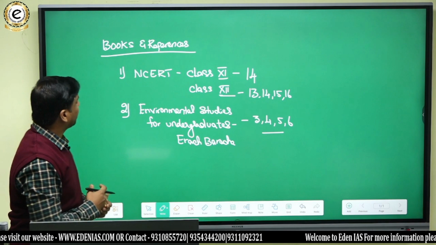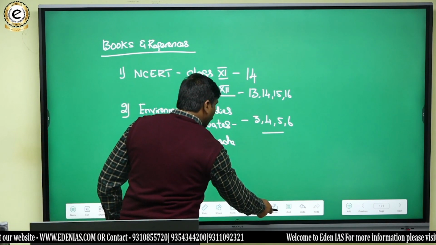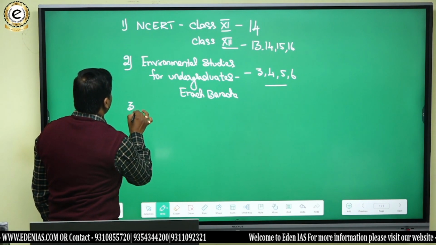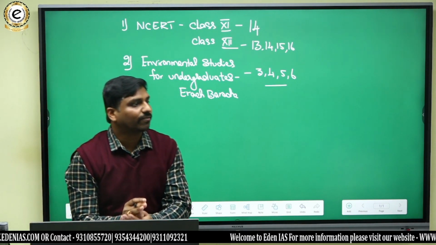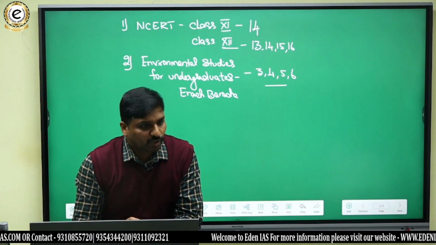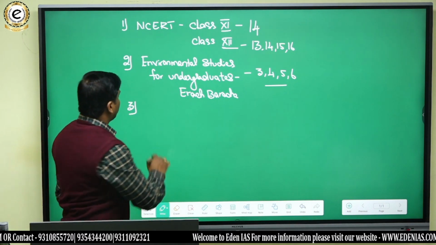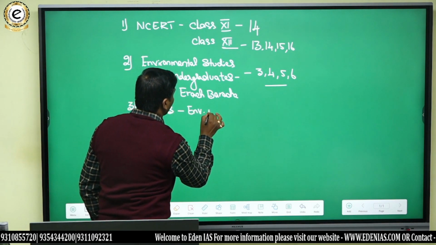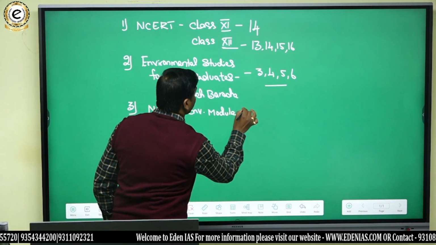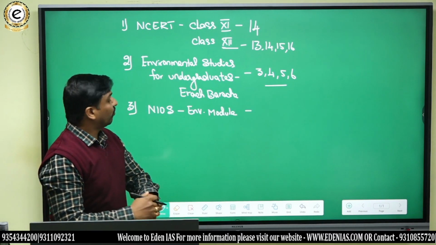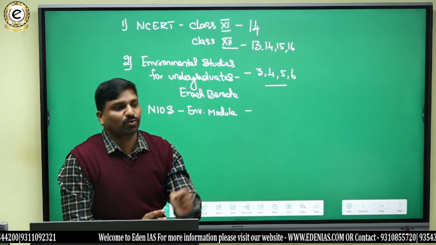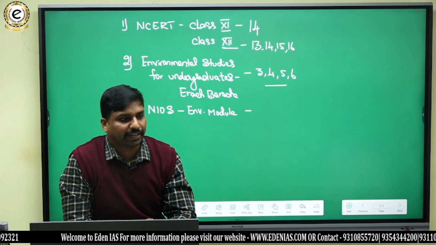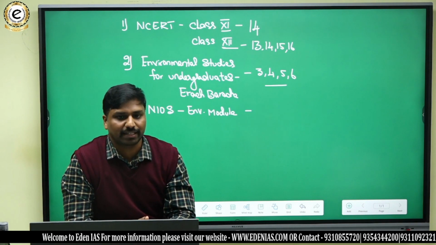And then apart from that, we can also go to another important source from the internet. Have you heard of the National Institute of Open Schooling, NIOS? So there is an NIOS environmental module, and this is one of the best sources where you can get the most reliable information on basic concepts related to environment and ecology.